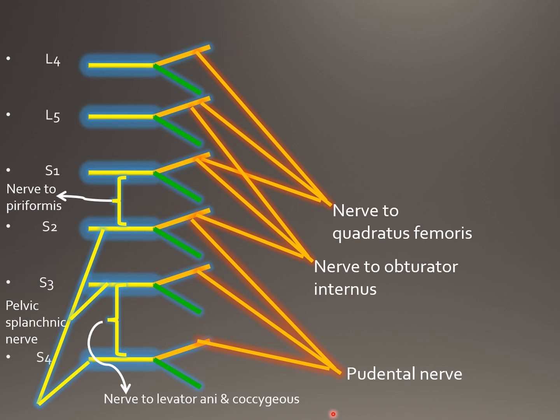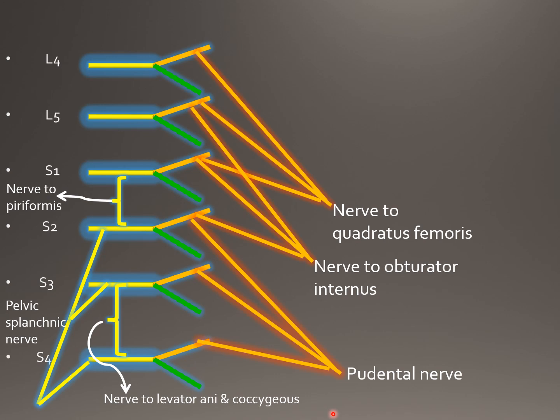Here it lies medial to the internal pudendal artery and nerve to obturator internus. It then enters into the ischiorectal fossa through the lesser sciatic foramen. In the pudendal canal, it lies along the pudendal canal.